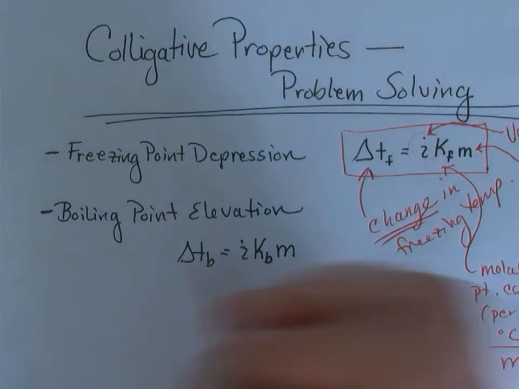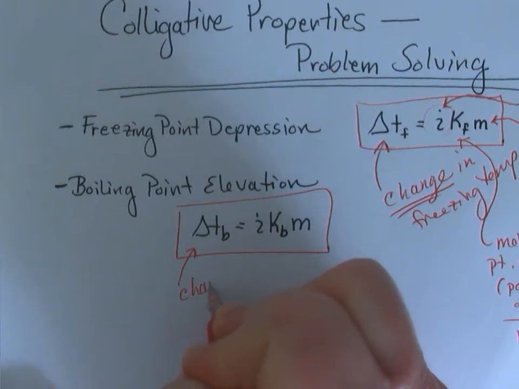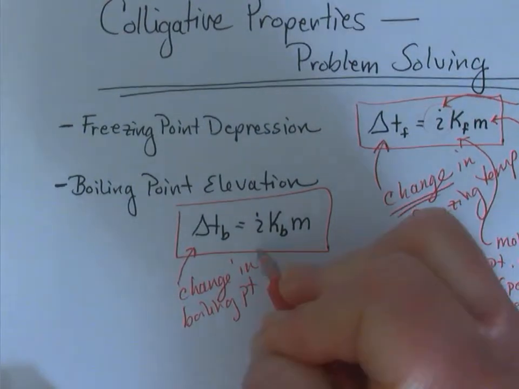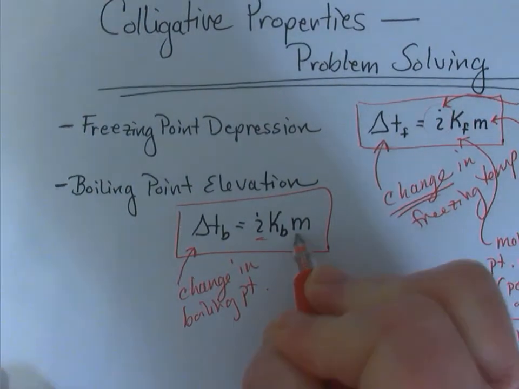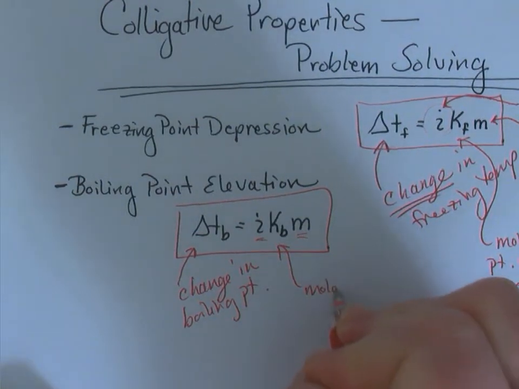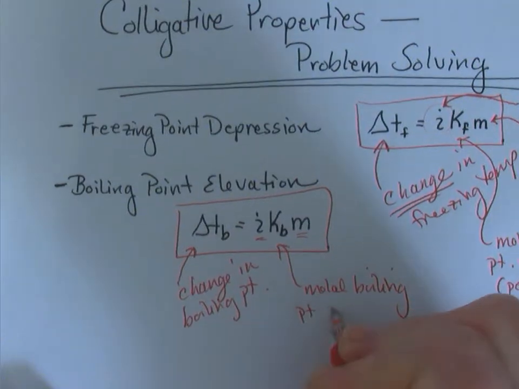Okay, so what is different? Well, of course, this will be the change in the boiling point. Still Van't Hoff factor, still molality, but this is the molal boiling point constant.